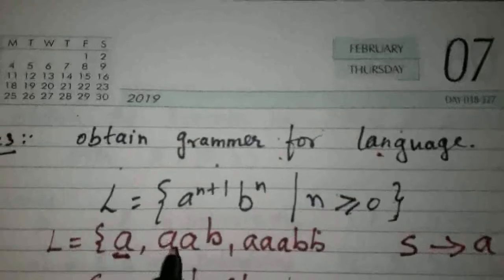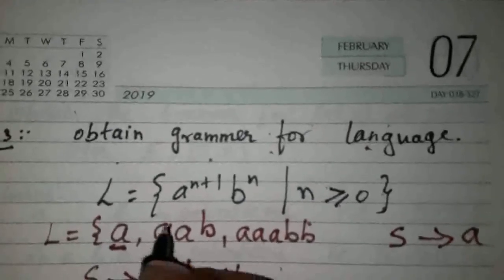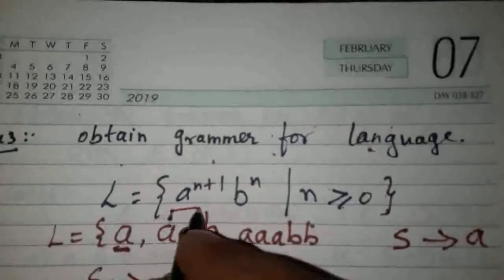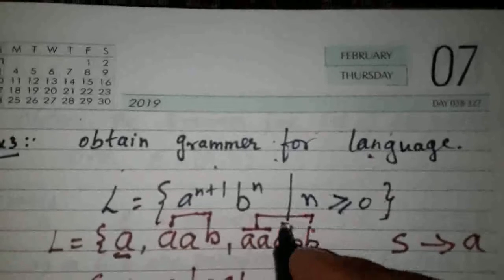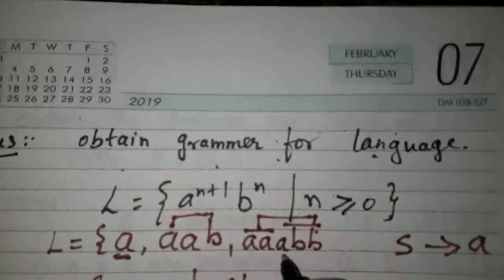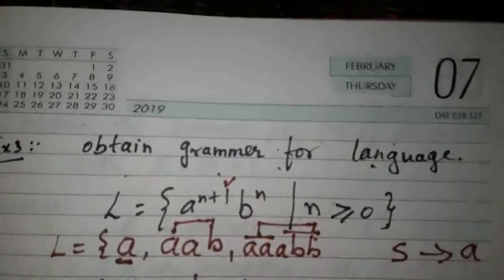Now see here, every time you are getting 1a with 1b, 2a with 2b. In between you have one extra a every time. So how can I write it?